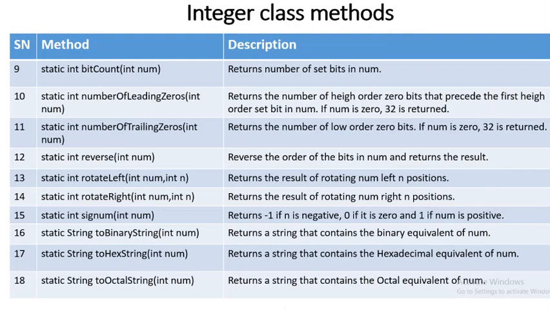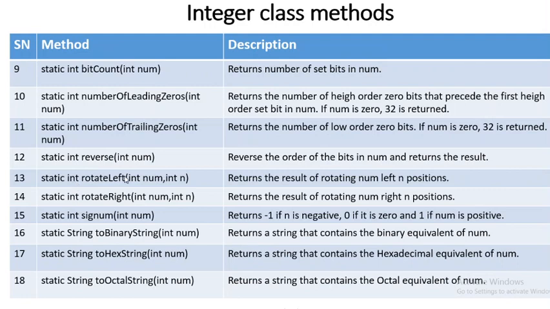So the reverse of it will be, okay, I take 7. If the integer number is 7, the binary conversion will be 0 1 1 1. Reverse will be 1 1 1 0. Like this, bit by bit, all the bits will get reversed. Whatever the new number is, that will be returned.